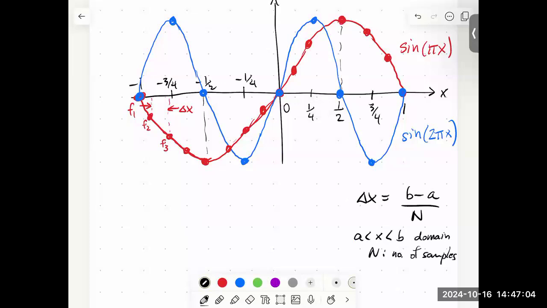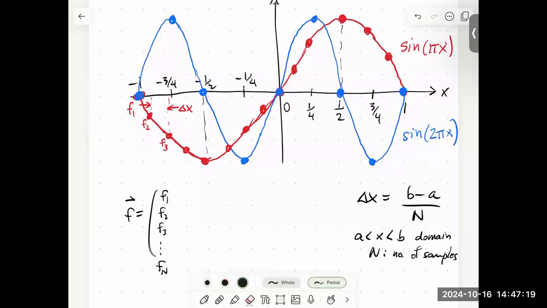Then I start constructing my f vector. It's going to be f1, f2, and all these components, up to fn. Just like if I had a vector A in three-dimensional space, I could write it as a column matrix with my x component, y component, z component. Just now I have n components. That's the difference. Then we do the same thing for the blue function, which I'm going to call g.